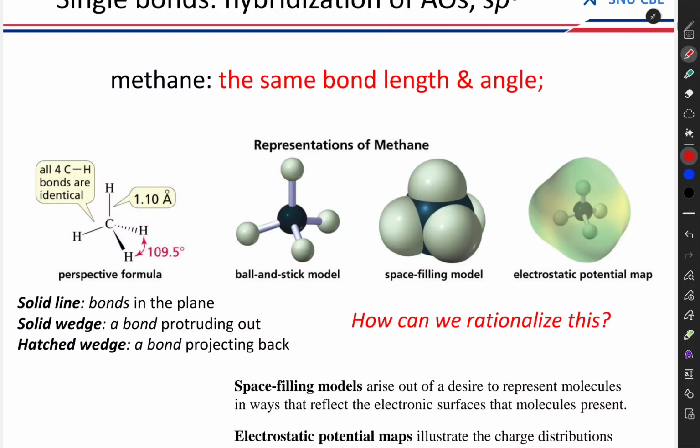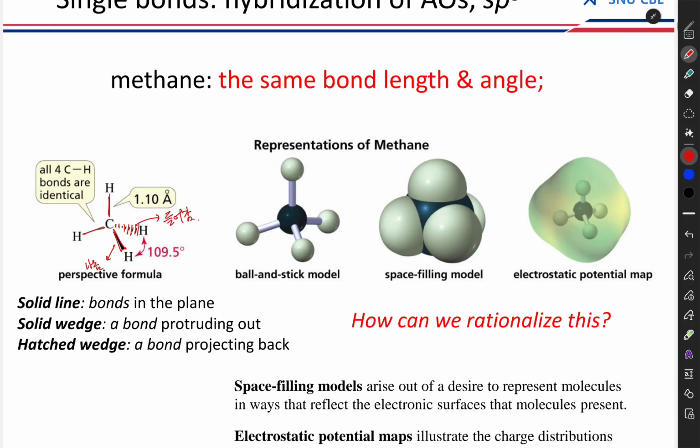The solid wedge here indicates the bond protruding out from that plane, so you can think about this hydrogen as located above the plane. The hashed wedge here indicates the bond projecting backward, so this hydrogen is located below the plane of your paper. That's how you can see the 3D structure or tetrahedral geometry in this particular case with the perspective formula, okay?